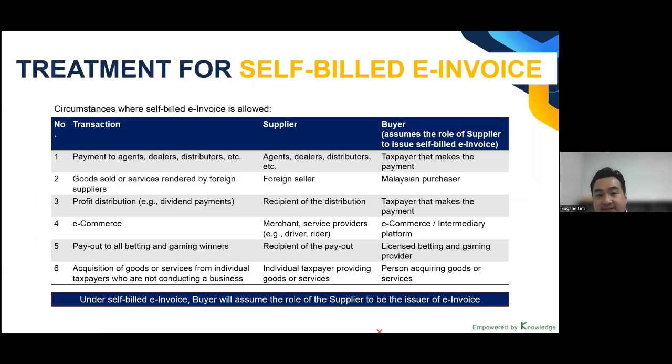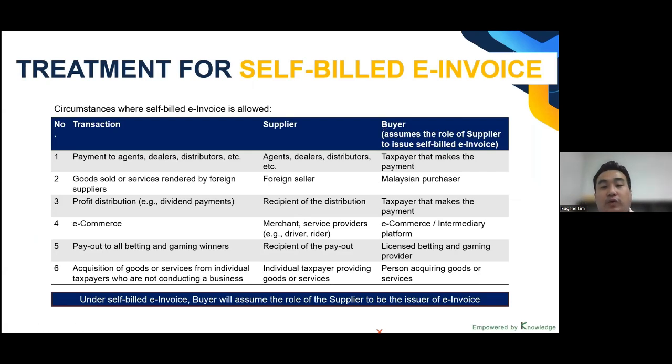So okay, for self-bill invoice, for those who are not doing business, who are individuals. Like the first one, payment to agents. If the agent didn't issue an e-invoice to the SHOM, under the SHOM category, they are required to prepare a self-bill invoice.